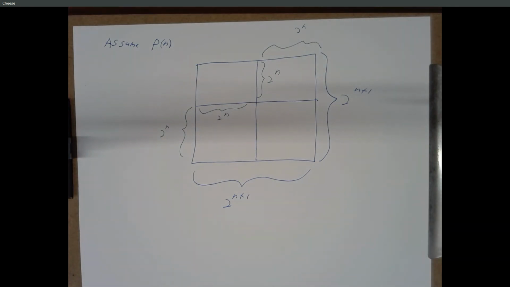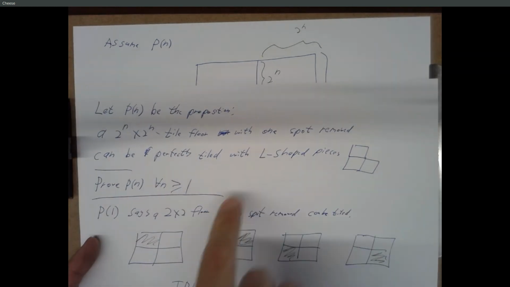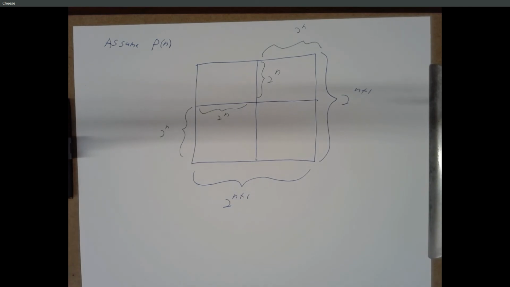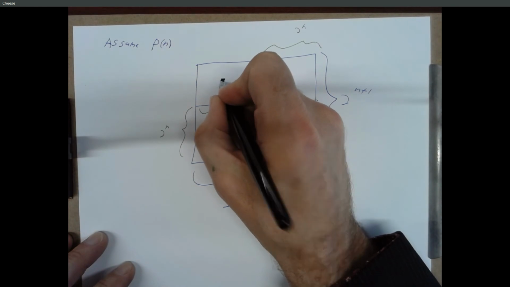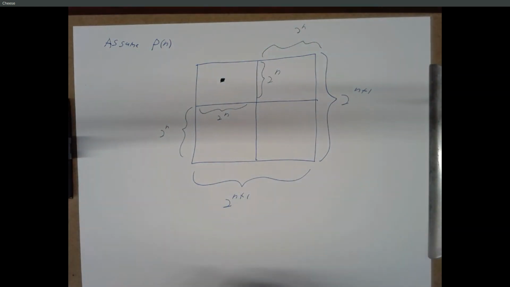And so each of these quadrants is a 2^n by 2^n piece of flooring. Okay, and for P of n we need to remove one spot from the floor somewhere. Well, let's just suppose that we remove this square right here. Doesn't matter where it is. But let's suppose we remove a square from somewhere in that upper left quadrant.